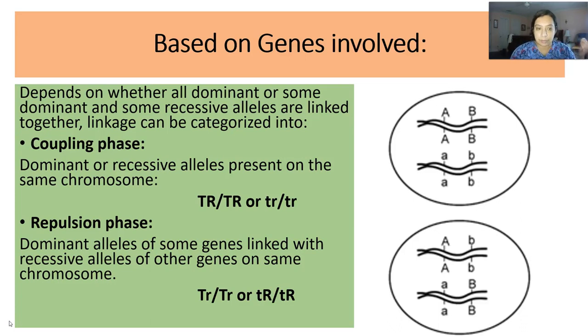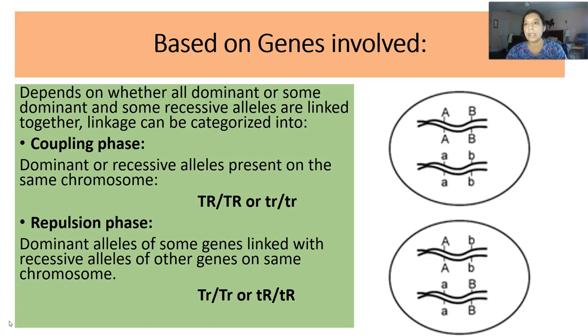In the repulsion phase, you have dominant alleles of some genes that are linked with recessive alleles of other genes. So whenever you have a dominant allele of gene A, you have a recessive allele of gene B, for example. That's what we call a repulsion phase. They are linked, but in a very specific way.